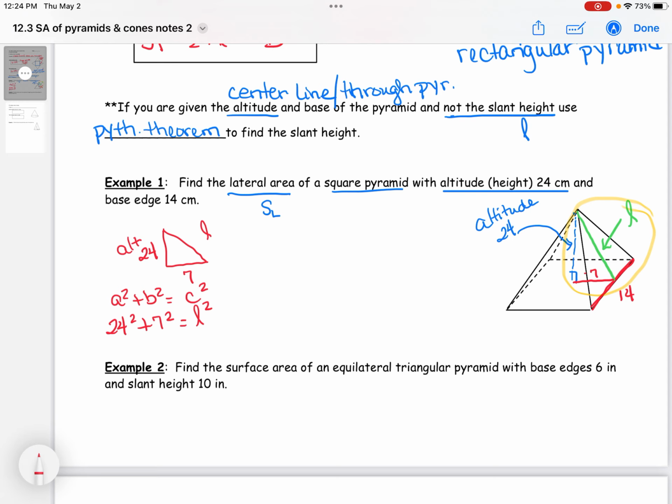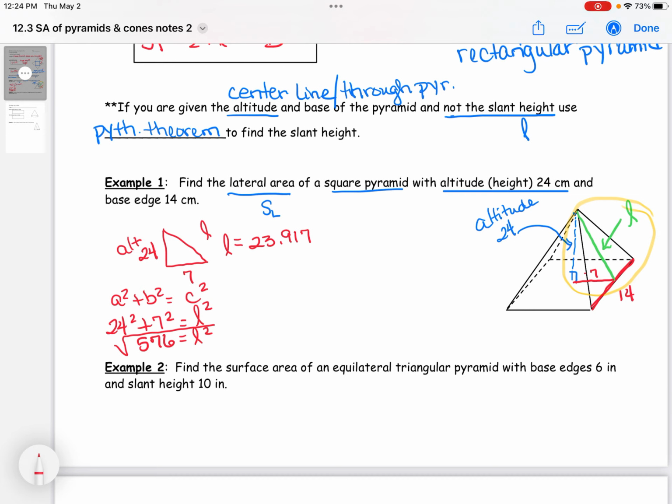Okay, so 24 squared plus 7 squared is 625. And then I'm going to square root, so L equals 23.917.